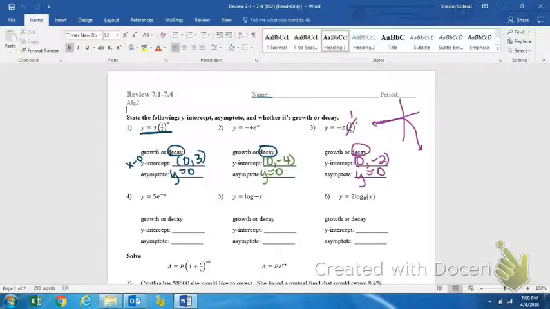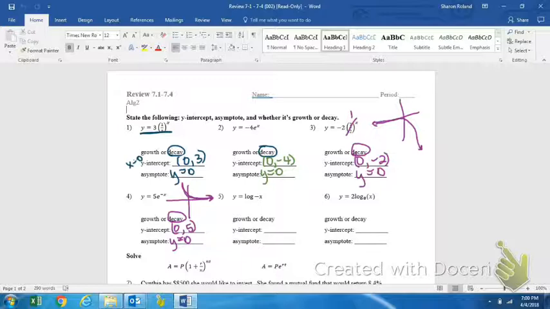Okay, when you graph this, when you put it in the calculator, it's going to come down, and then it gets closer and closer and closer to 0. So your asymptote is y equals 0, and your y-intercept is when x is 0. When x is 0, y is 5. And because it's going down forever, it is a decay.